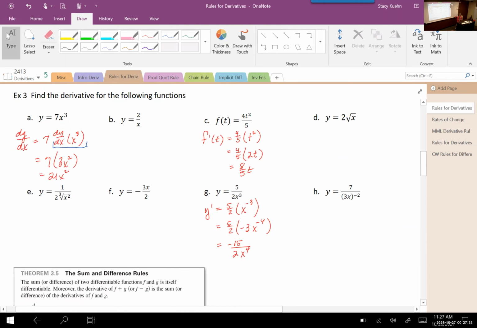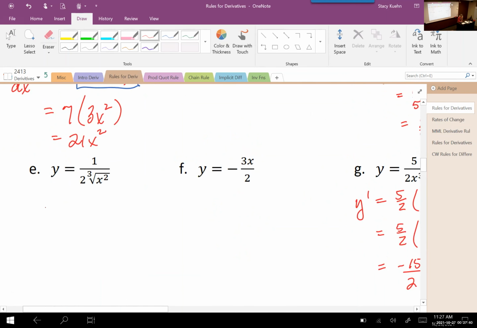All right, let's look at E together. So we have y prime is equal to 1/2 times x raised to the what power? Positive or negative? Negative. Negative 2/3. Okay, do we remember that?